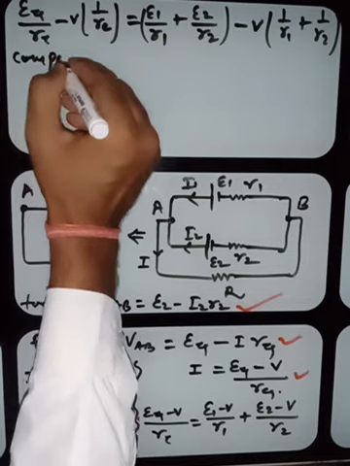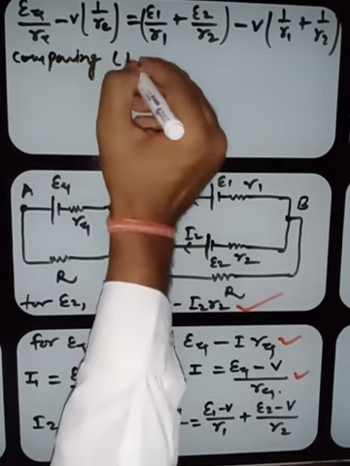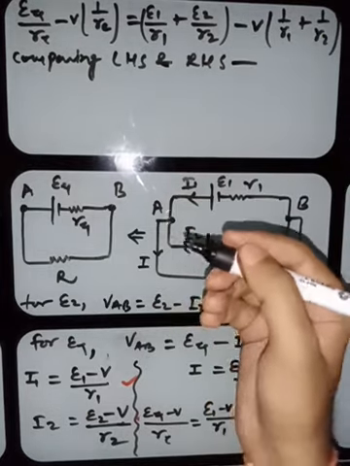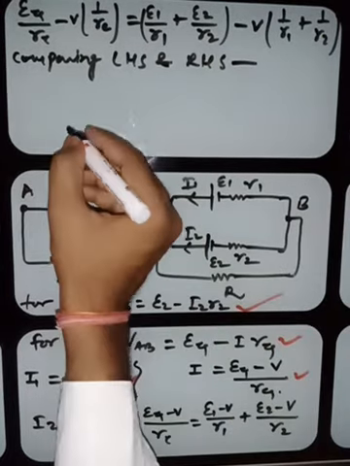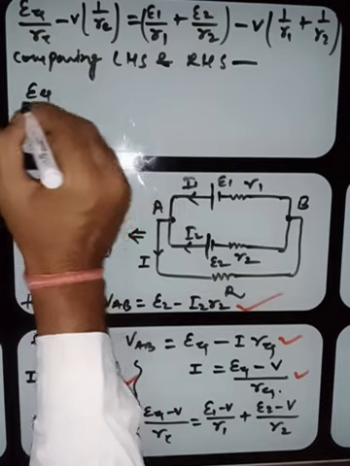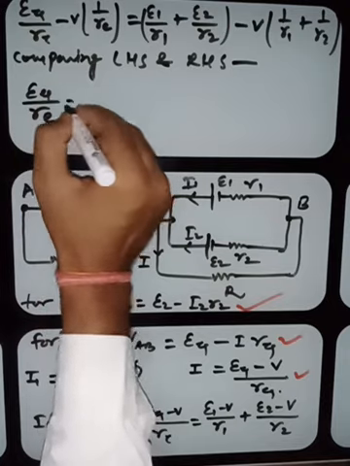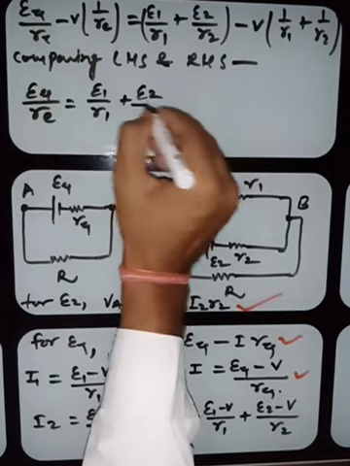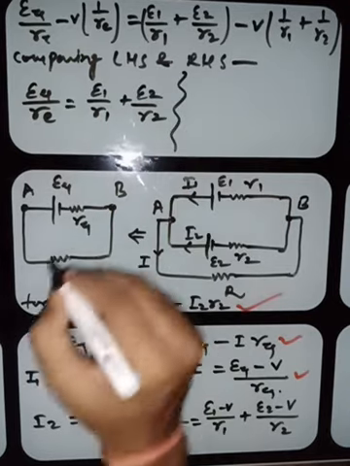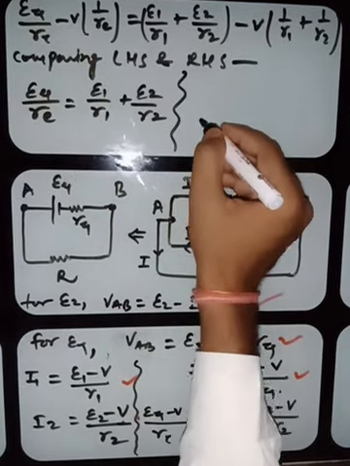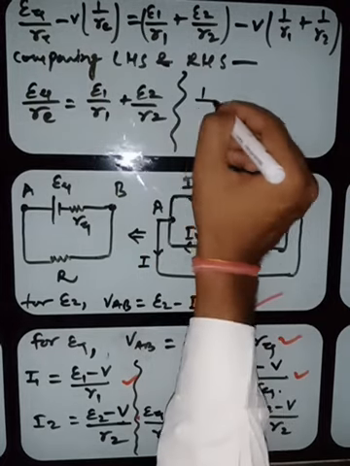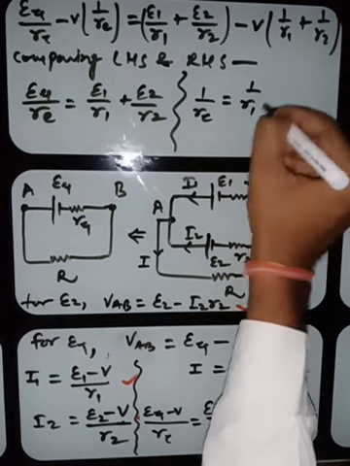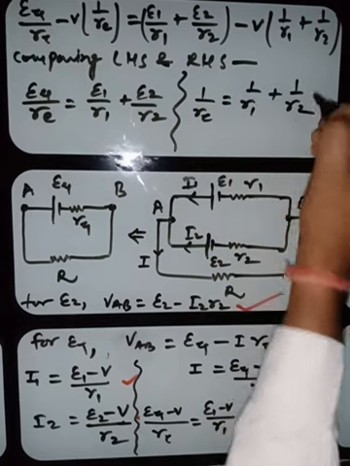Comparing LHS and RHS, my dear student, you can see E equivalent by R equivalent is equal to E1 by R1 plus E2 by R2, and 1 by R equivalent is equal to 1 by R1 plus 1 by R2.